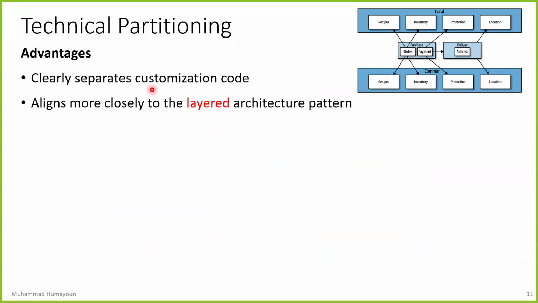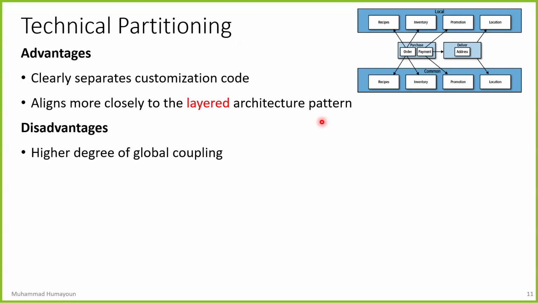It clearly separates customization code, one for local, one for common. And it is more aligned with layered architectural pattern, MVC kind of style. We will learn more about layered architecture in coming days, but you already are familiar with layered architecture. When you implement MVC, then you are kind of implementing layered architecture.